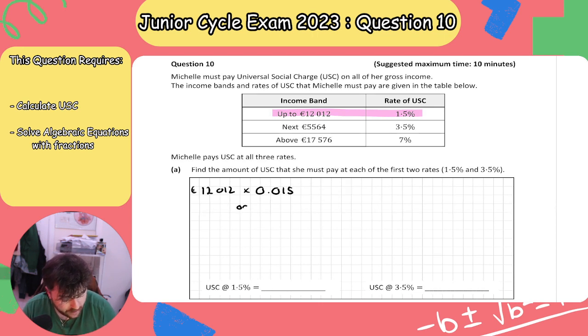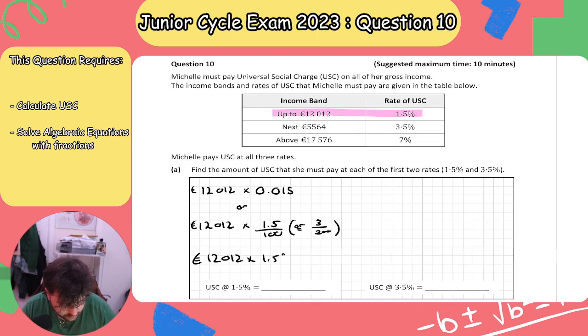Or we can make 1.5% a fraction, so 12,012 multiplied by 1.5 over 100, or you could just do 3 over 200. And the last way you could do it is on your calculator.